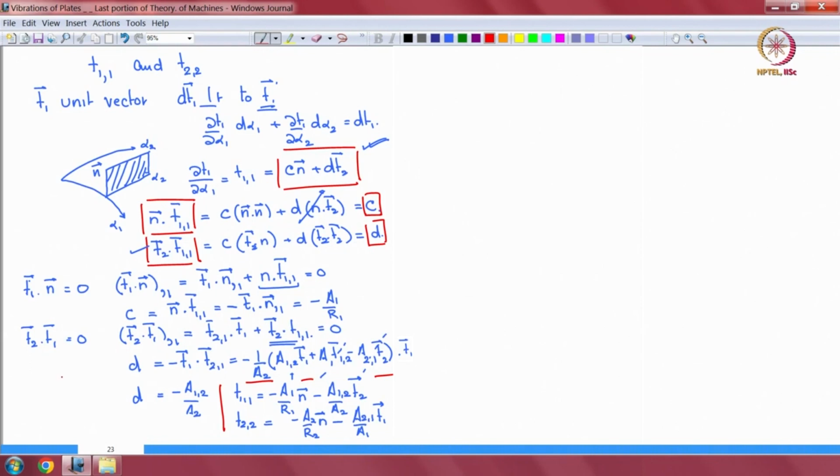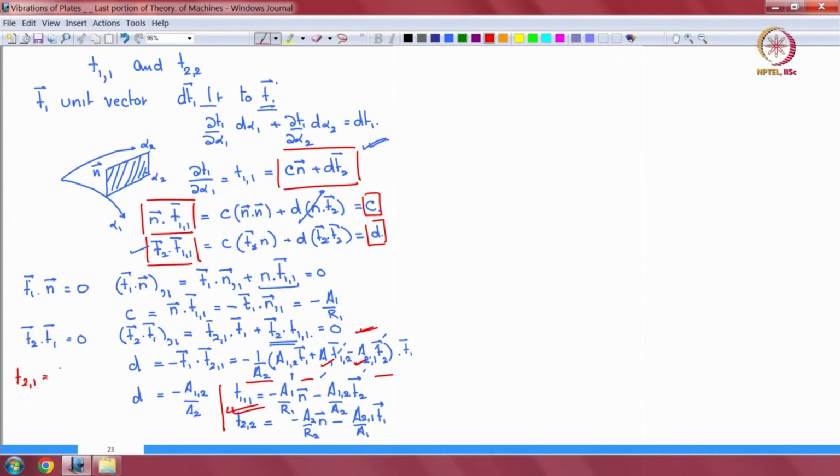What were those? These are components of this actually. So this plus this will be 0 if you can try this out. So the new, using this, the T1 2 and T2 comma 1 I write here.